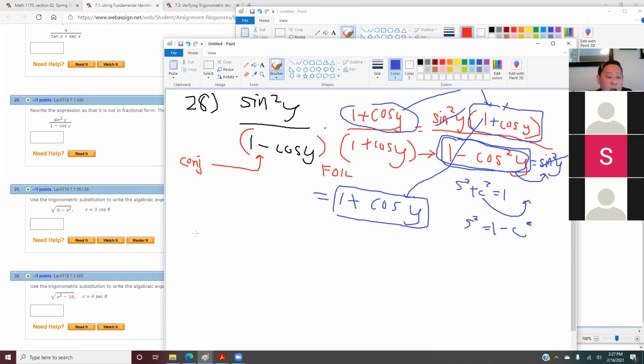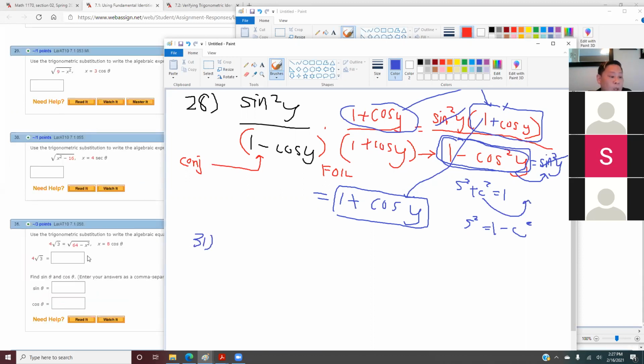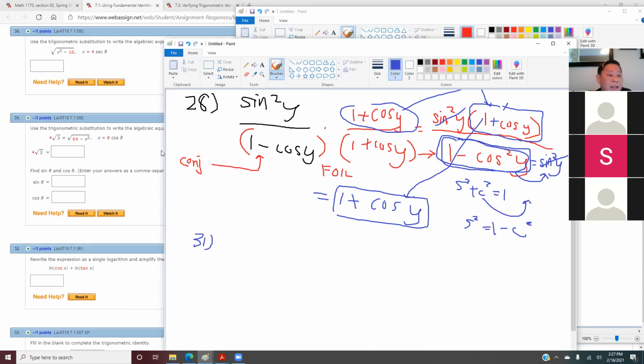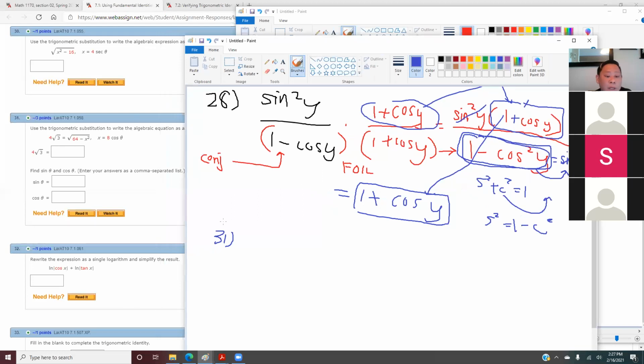The next one we're going to talk about is 31. Question number 31 is asking us to do this: 4 root 3 equals the square root of 64 minus x squared, where x in this case is 8 cosine theta.